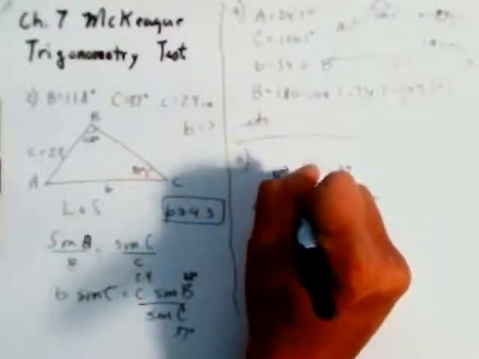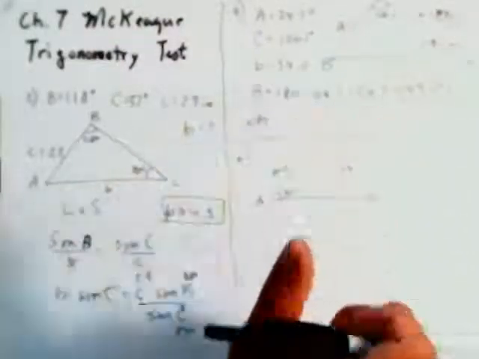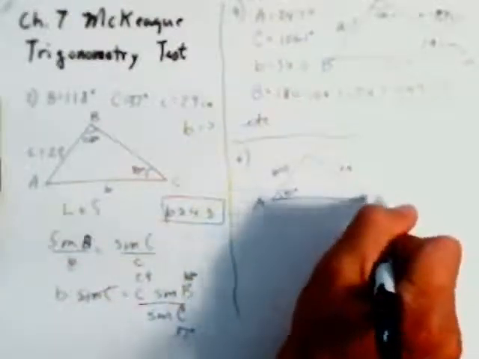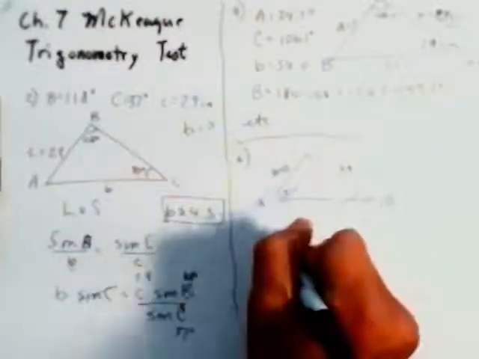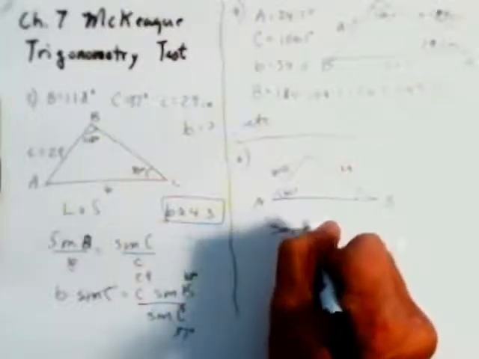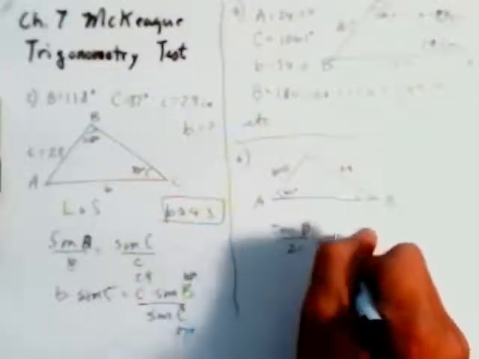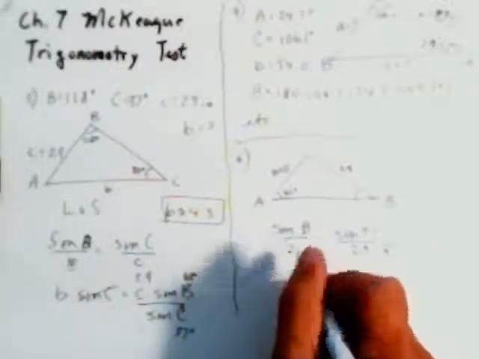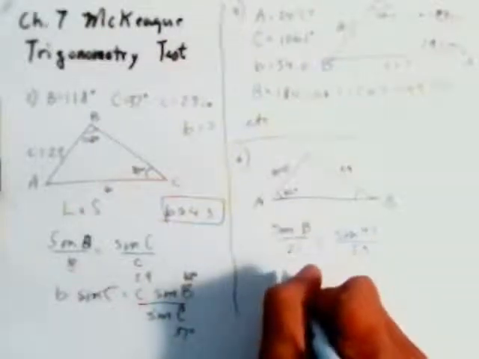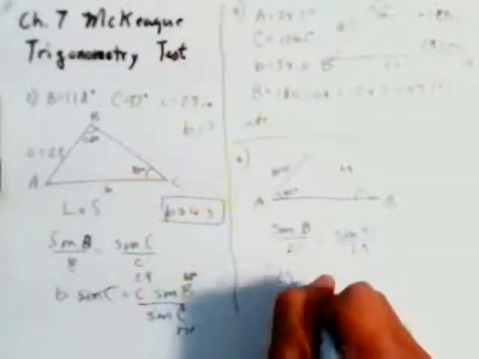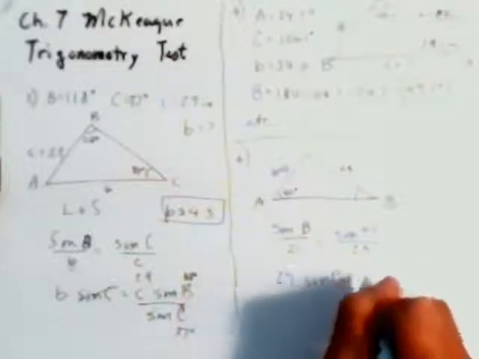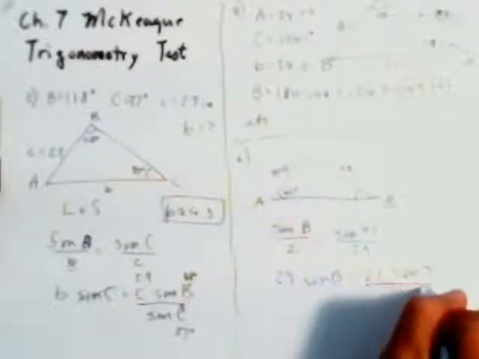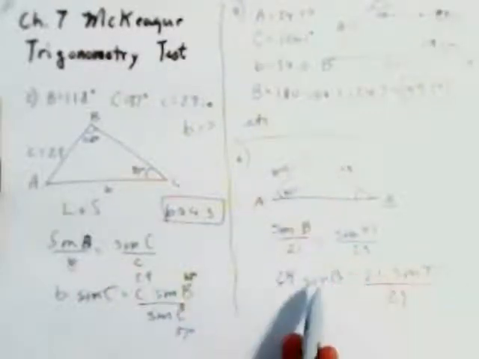We want to figure out big B. Sine of B over 21 is equal to the sine of 42 over 29. You cross multiply, you get 29 times the sine of angle B is equal to 21 times the sine of 42 degrees. You divide by 29 right there.